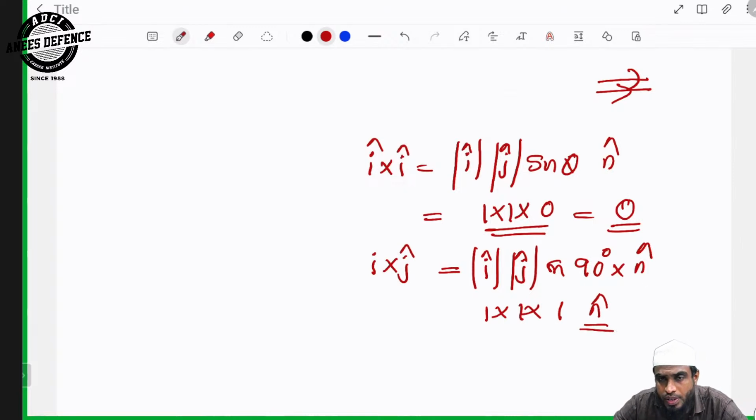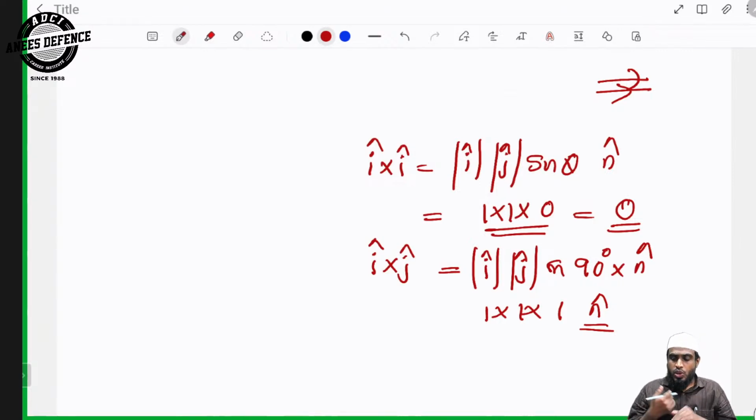What is n cap? N is a unit vector which is perpendicular to both the vectors. If you are doing a vector product, then the resultant vector will be perpendicular to both the vectors. Here I is along x direction, j is along y direction.